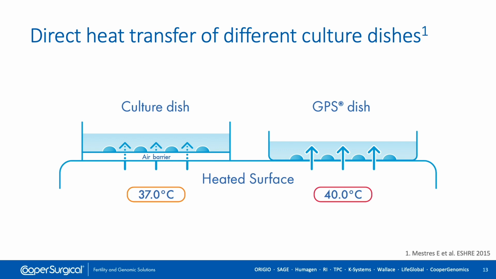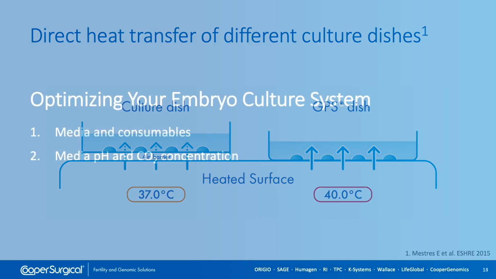So the choice of embryo culture dish can make a big difference in terms of heat transfer as described here, but it can also have an impact, as we'll discuss later, on osmolality and the prevention of toxins from the environment invading the culture media drop and affecting embryo development.